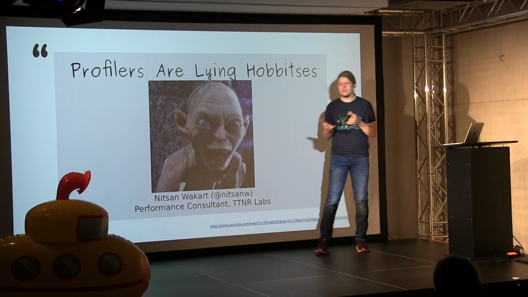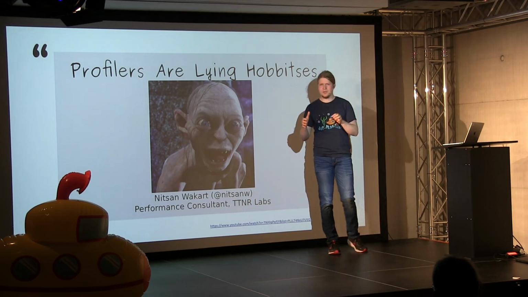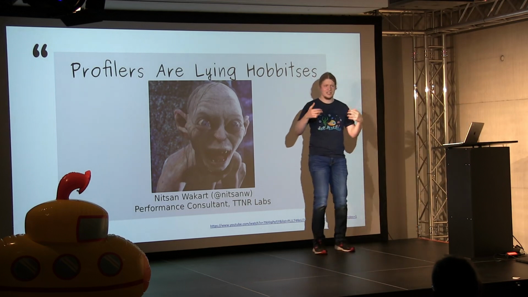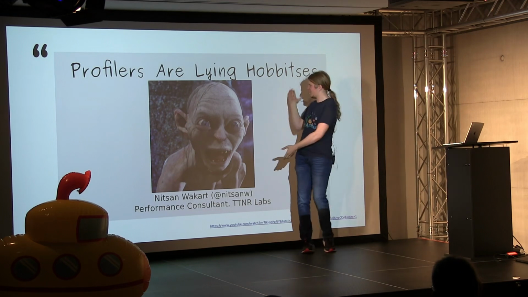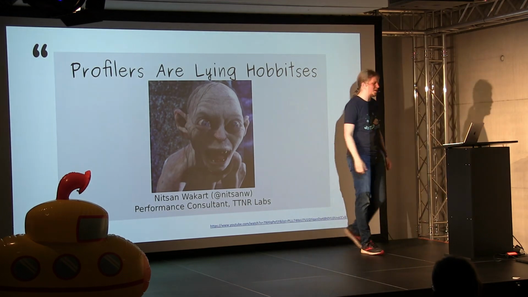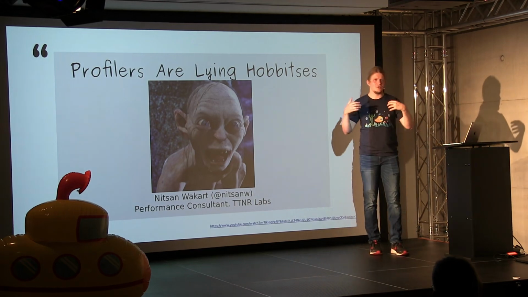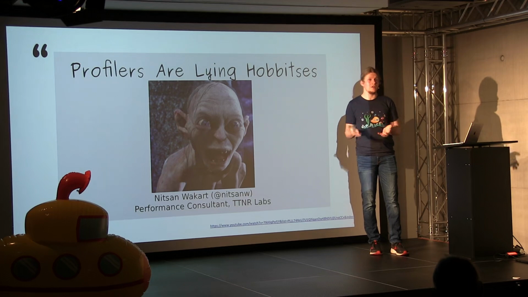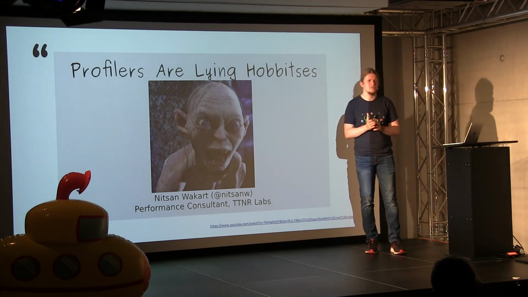So profilers give you an approximate image, even if you're certain that what they're doing is right. Keep in mind that they are lying hobbits. But it's usually okay to use them as a tool for investigation and then draw your own conclusions. Don't rely on them being the ground truth.